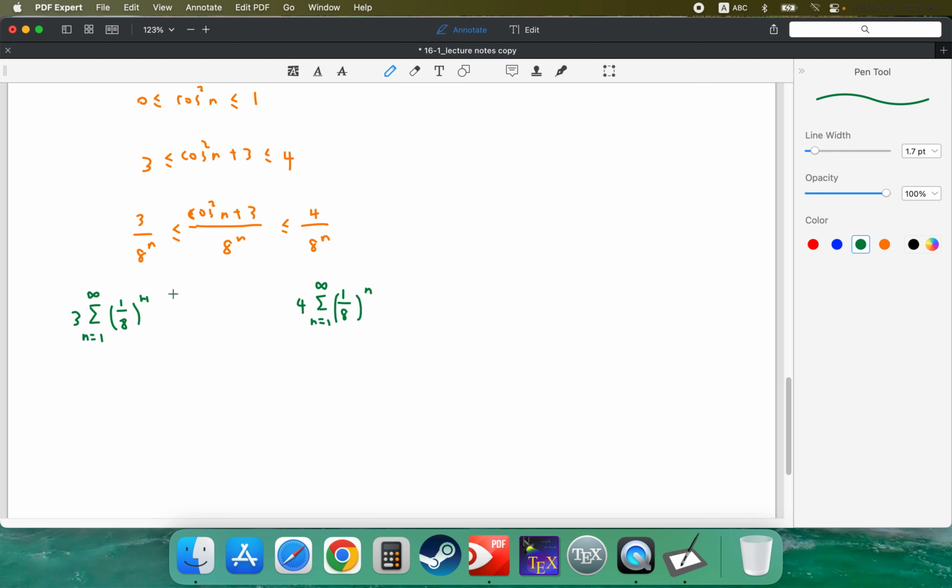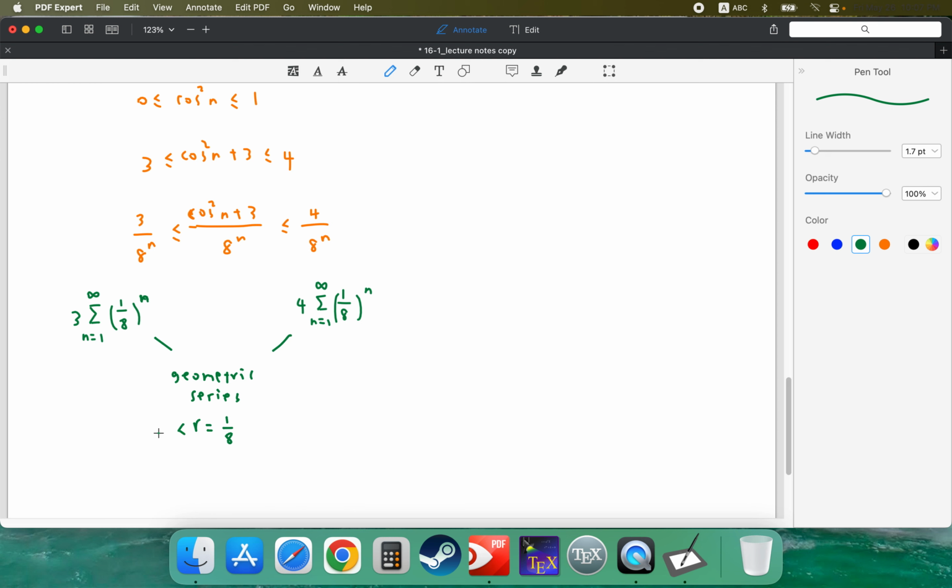Notice that they are both geometric series, and they both have the ratio of 1 over 8.